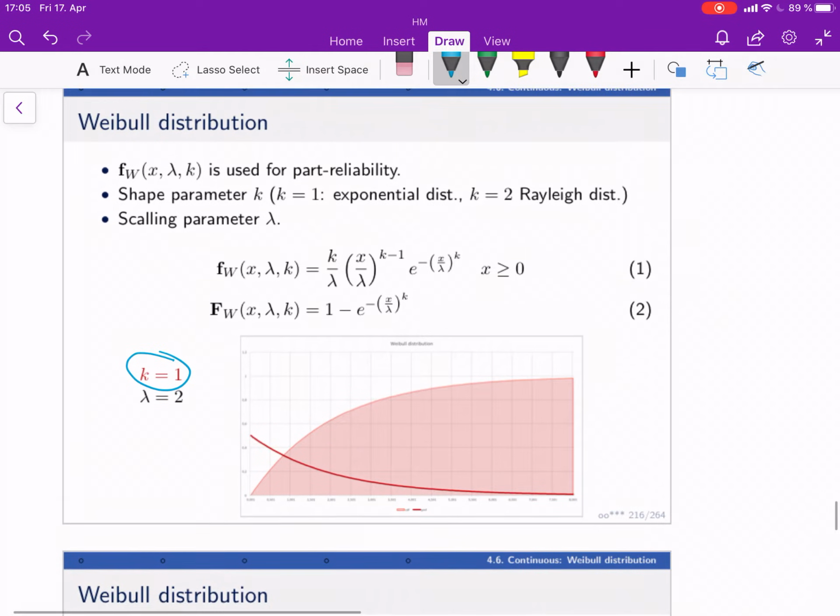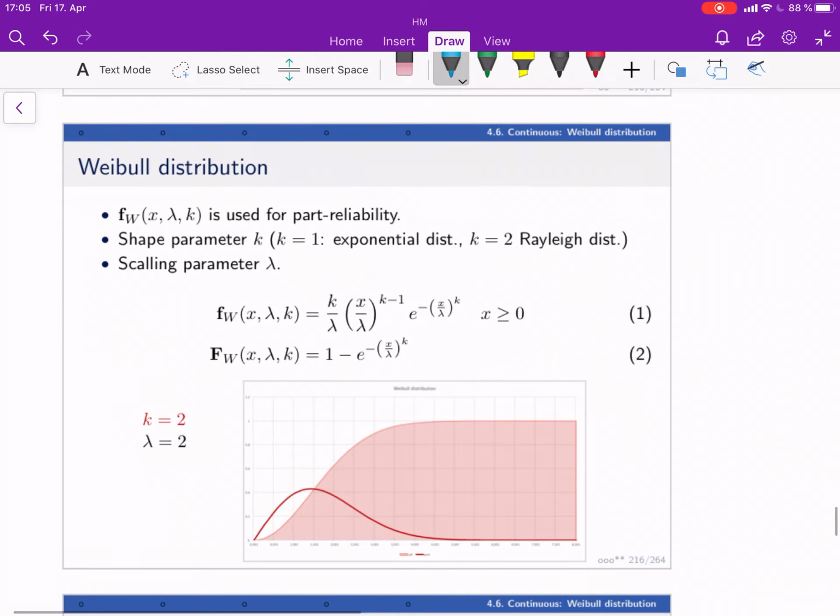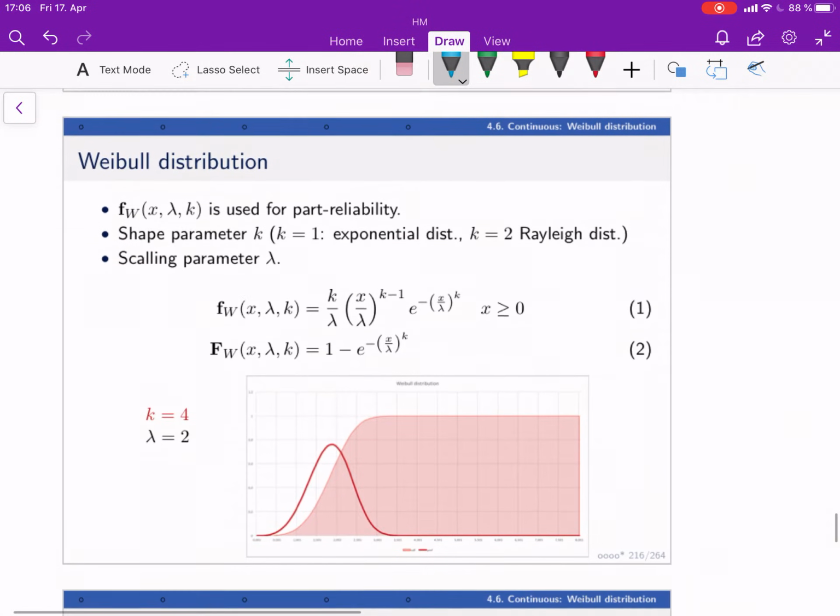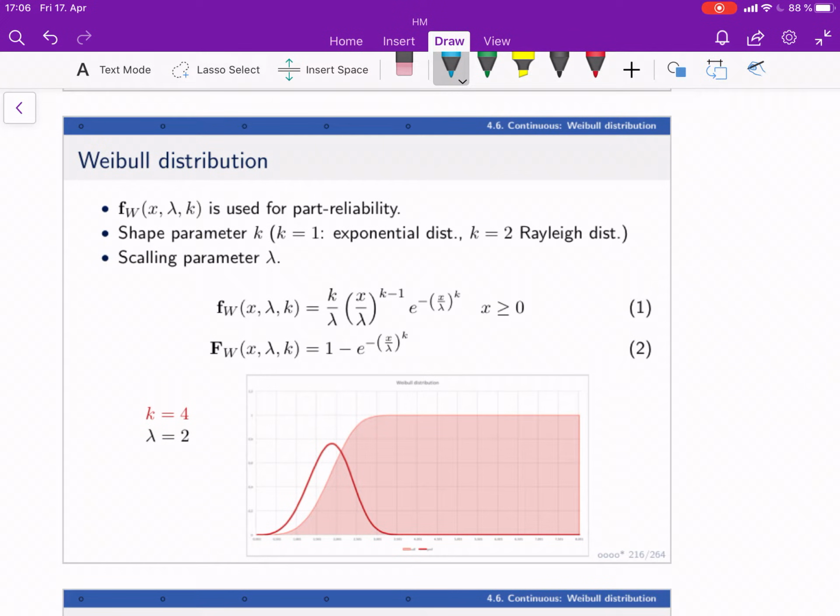We seem to start here at a fixed point, I think it's 0.5. So already quite a change. Then k equals 2. Very different shape. Now the probability density rises, a little bump here, and then it goes down. That's the Rayleigh.